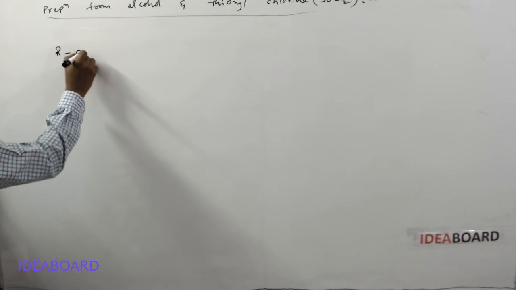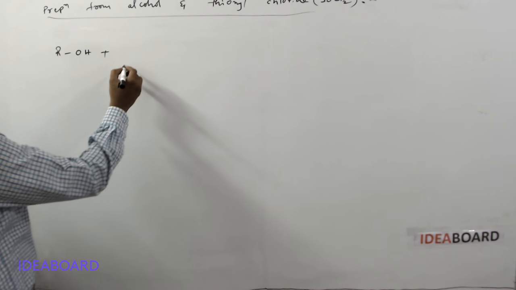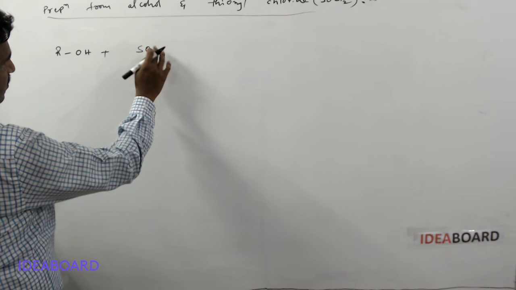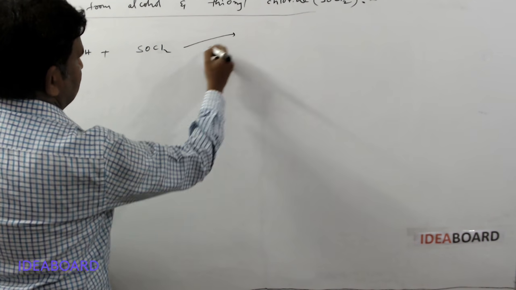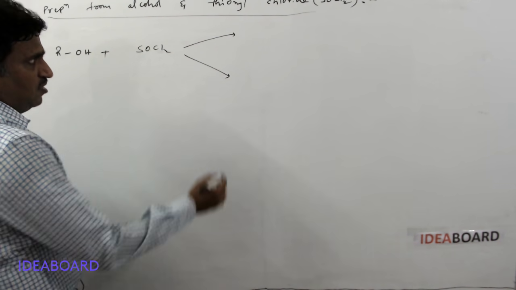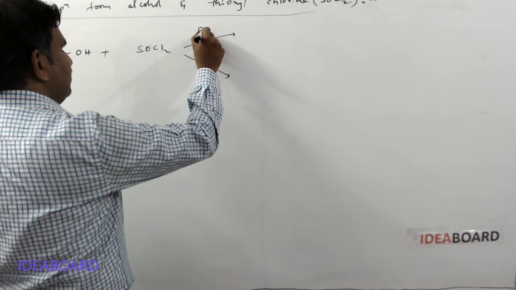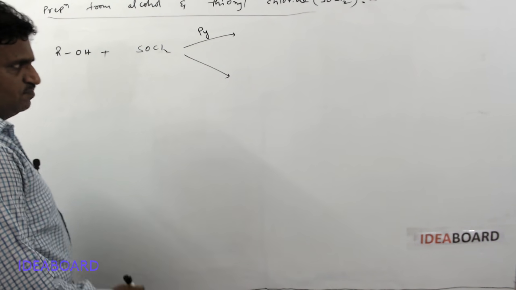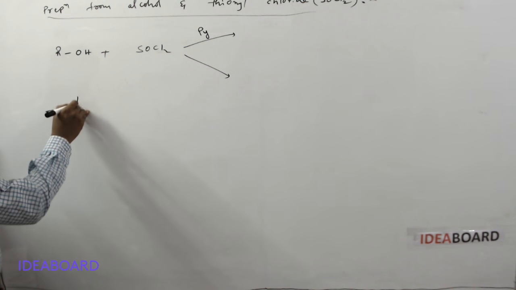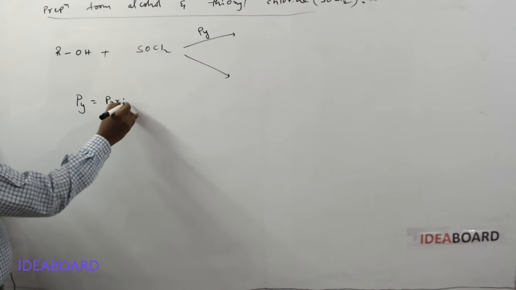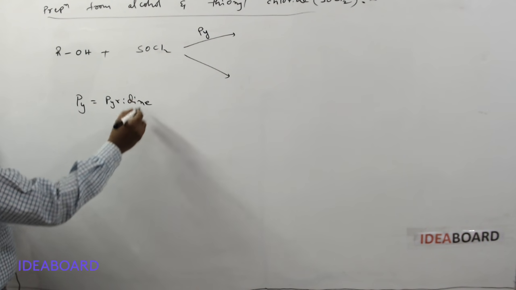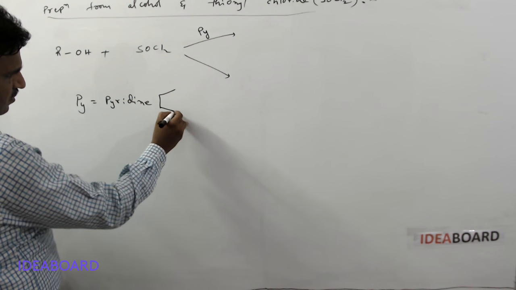Suppose you are taking an alcohol and it reacts with thionyl chloride, SOCl2, in the presence of pyridine or in the absence of pyridine. Here PY I am writing. What is PY? PY is pyridine, and I will give the pyridine structure.